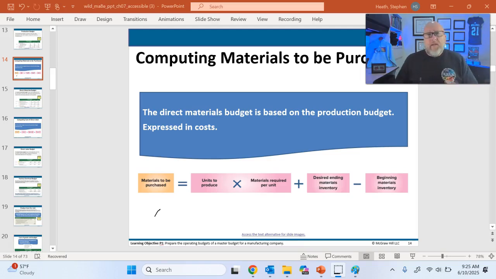So the formula to determine exactly how much material we need to purchase in this particular period starts with units to produce. Whatever it is we're making, if we're making tables, if we're going to make 500 tables, then we start with the number of tables.